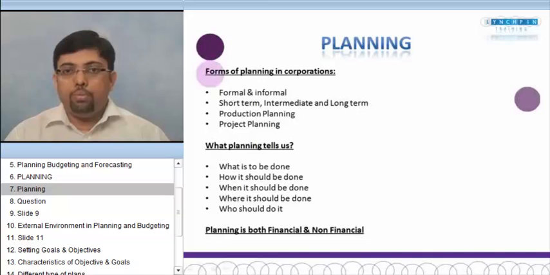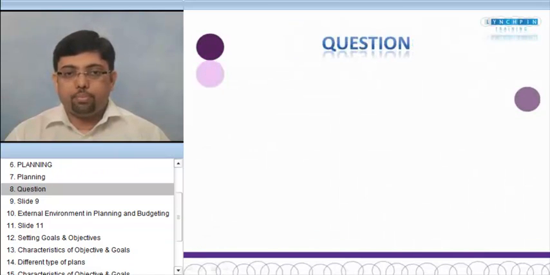So we require the planning to be in financial and non-financial items. Say, for example, we are planning to sell 1 million goods within next year. So these 1 million goods are the operational plan, and the value of these 1 million units is, say, $2.5 million. That is the financial level of planning.